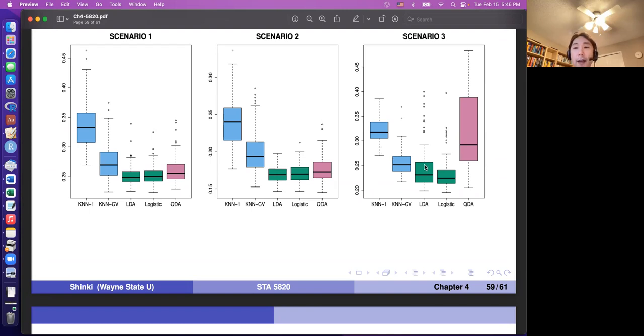And KNN and QDA. QDA is also based on the normal assumption, right? So it's similar to LDA in its non-robustness against outliers. So QDA performs worse. Actually, the true boundary is linear, so LDA works better than QDA. QDA is even much worse than LDA.